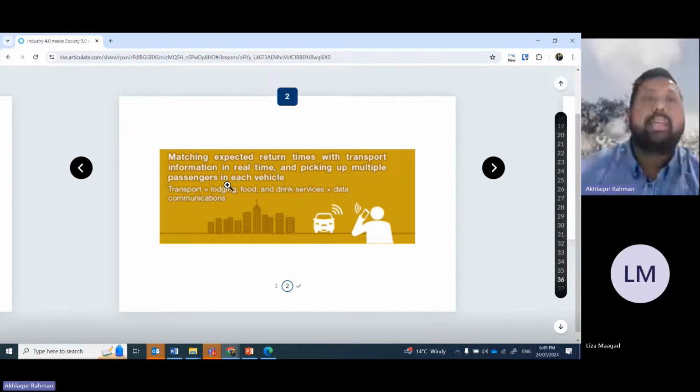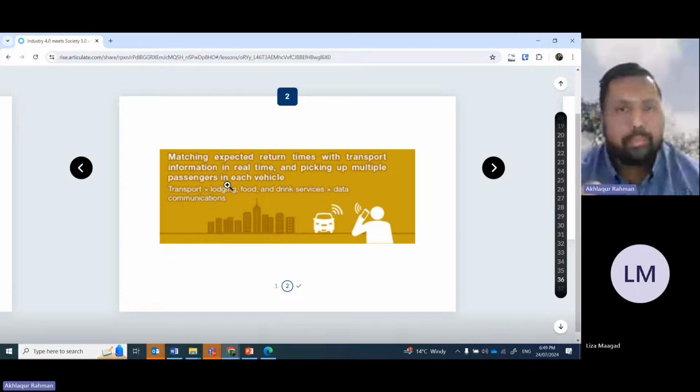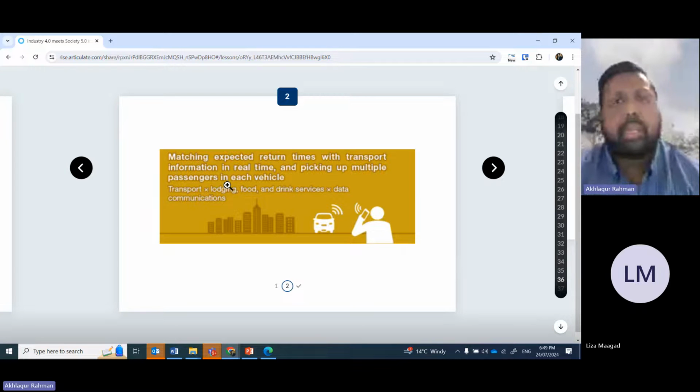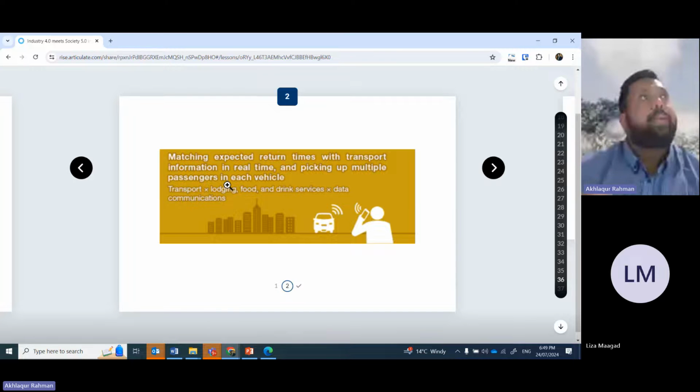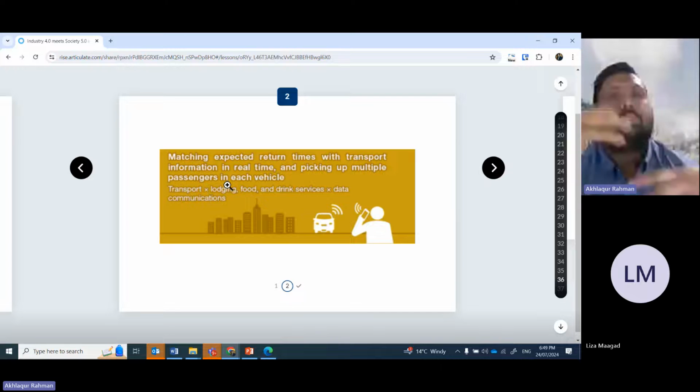Similarly, think about matching expected return times with transport information in real time, and picking up multiple passengers in each vehicle. So depending on where you are, let's say at a restaurant, you are matching people with similar needs and putting them all on the same vehicle.